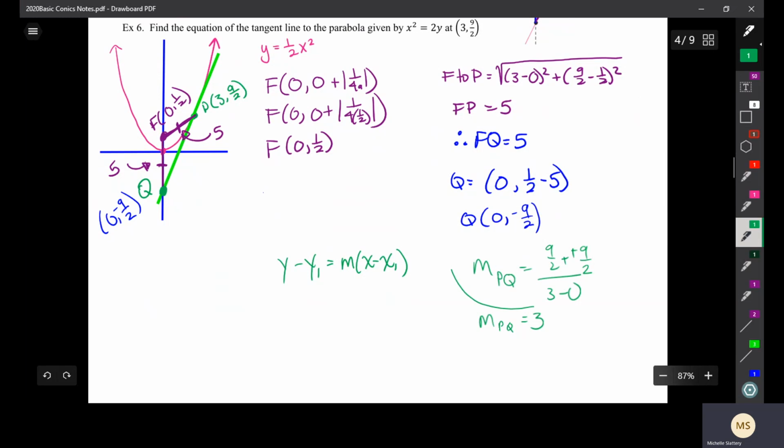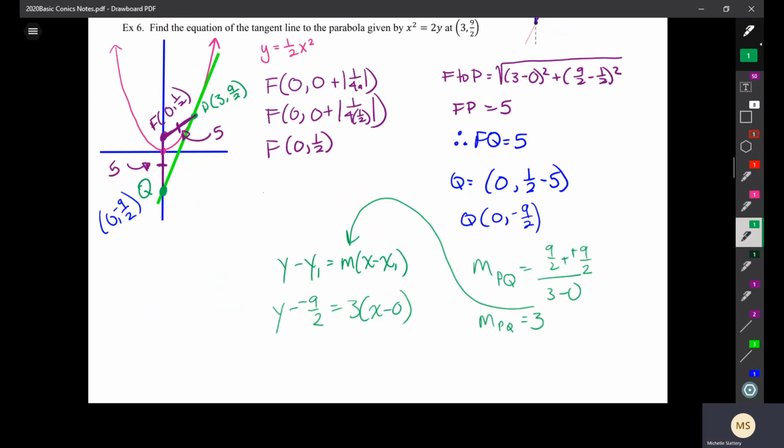So I can take that slope and plug that in here. I pick either point F or point Q, and I just go ahead and plug it in. So y minus, I'll pick point Q because it has 0 in it. So y minus -9/2 is equal to 3 times the quantity of x minus 0.